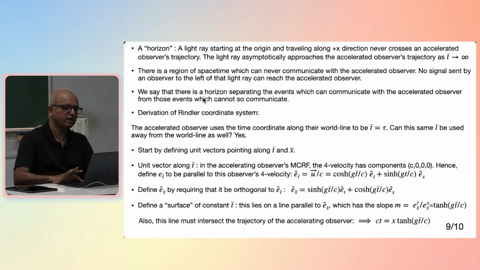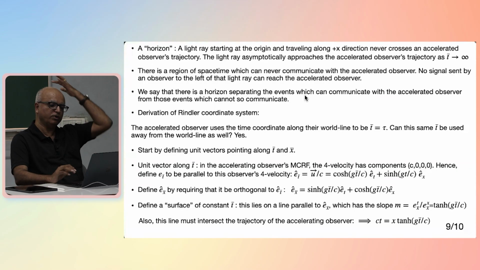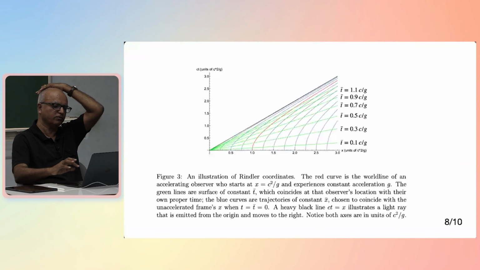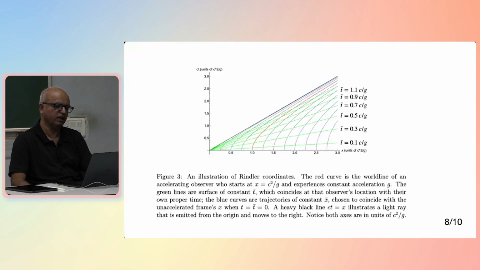We say that there is a horizon separating the events which can communicate with the accelerated observer from those events which cannot so communicate. So, let us spend a few minutes understanding this horizon.